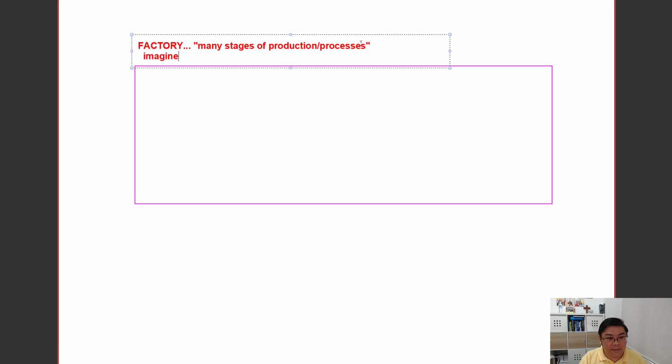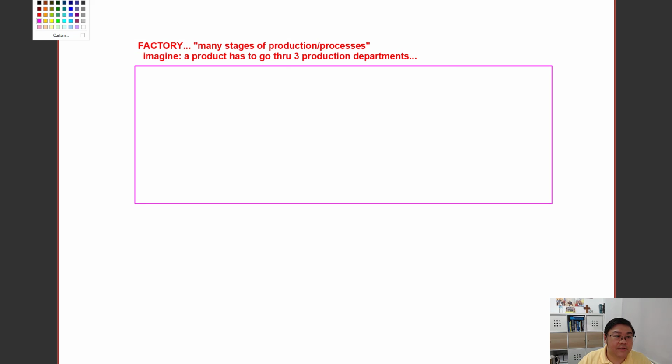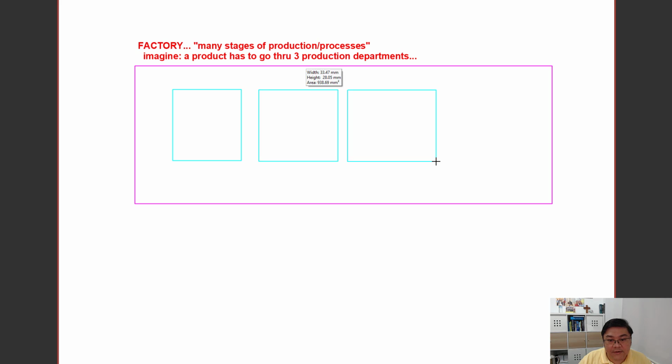Imagine that a product has to go through 3 different production departments before it can come out as a complete product. Can you just imagine that you have one department here, one department here, and one department here that they will have to go through.